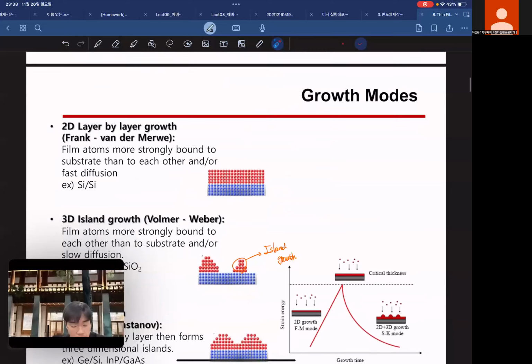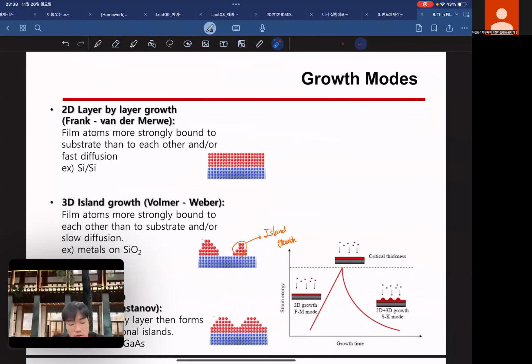Deposition helps the surface grow the films.